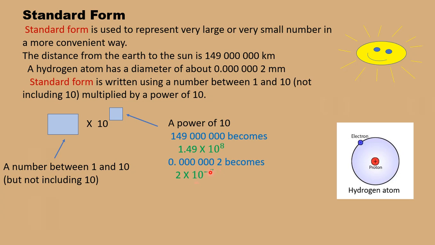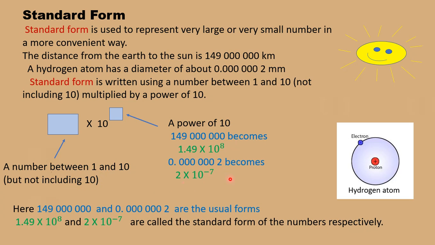So in this session today we are going to learn how to represent a very large and very small number in a convenient way. How to express large and small numbers in an easier way.